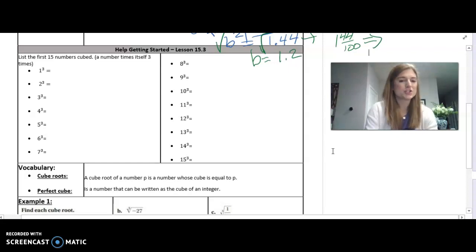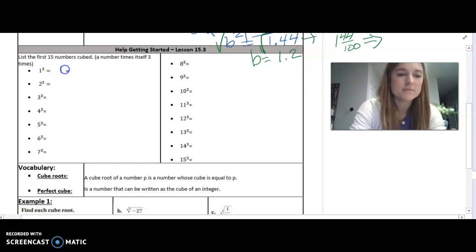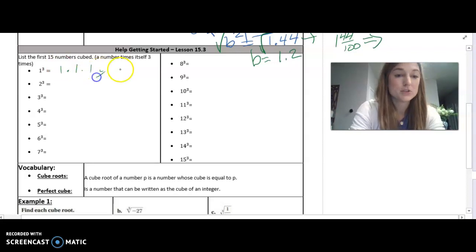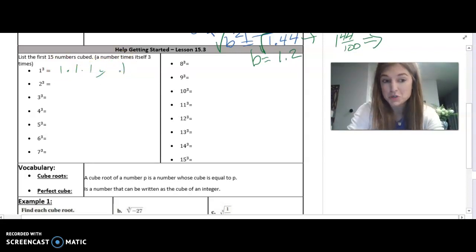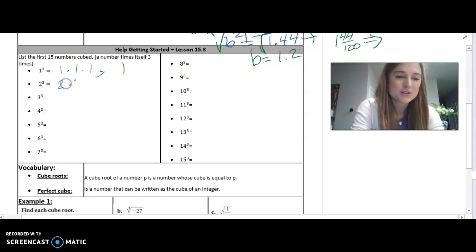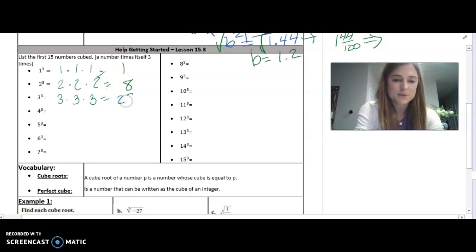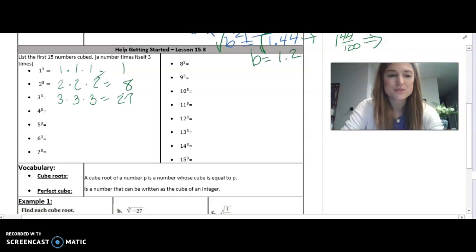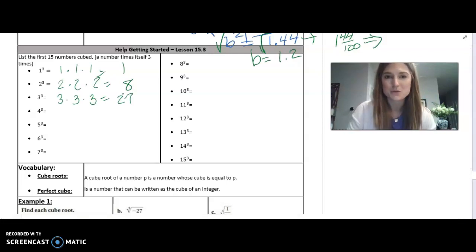So 1 cubed is simply 1 times 1 times 1, so 1 cubed is 1. 2 cubed, 2 times 2 is 4, times 2, 8. 3 cubed, 3 times 3 times 3, 27. These might not be coming as fast to you as they are to me. I'm just more familiar with the perfect cubes because over time you get used to them.